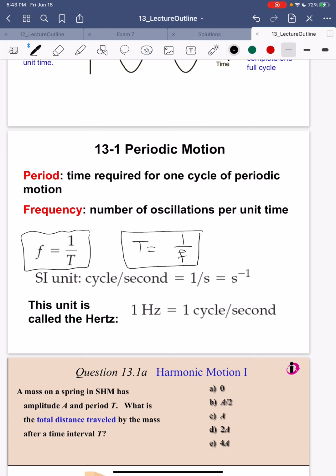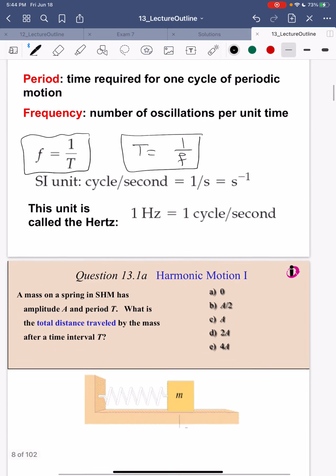T is the time required for one cycle, in seconds, and the frequency is the number of oscillations per unit time. The unit for frequency is 1 over second, or second to the minus 1, or hertz.